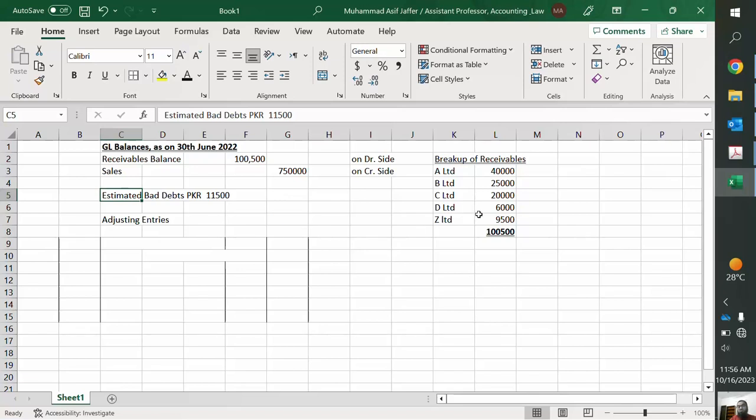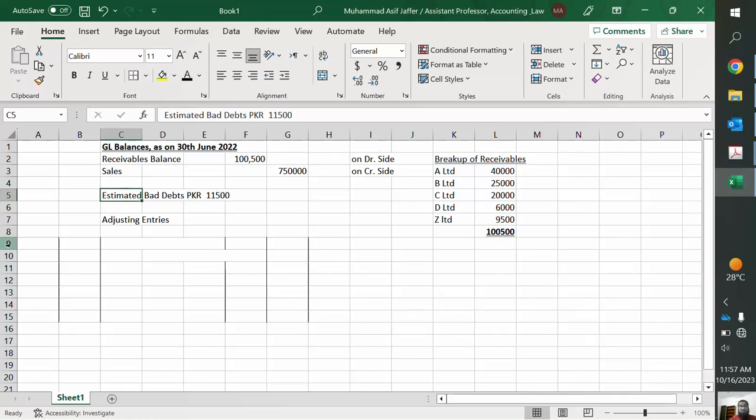We don't know whether it is customer Z, D, or maybe some payment from A will not come. But our past experience shows that this amount will not be collected. How we arrived at this amount, we shall discuss in the next video. But for now, let's assume that we estimated that this is the amount which is not going to be received.